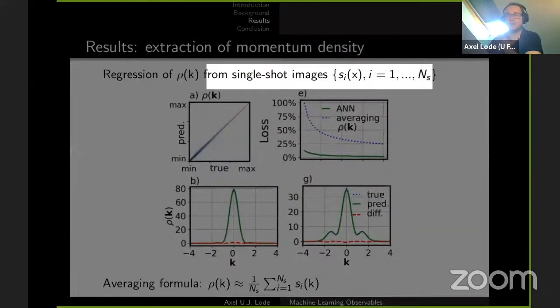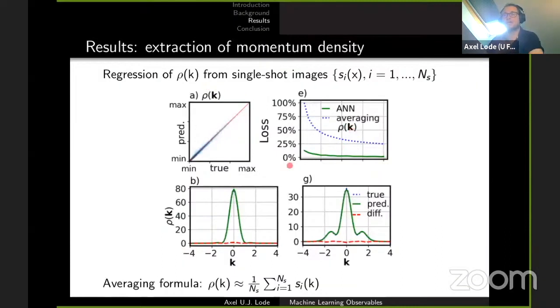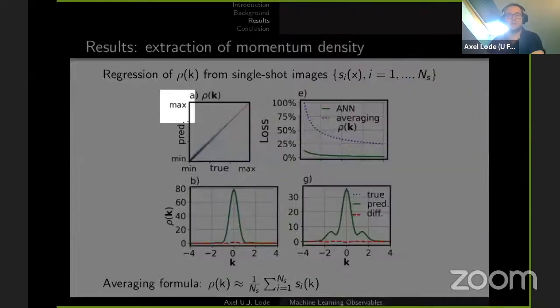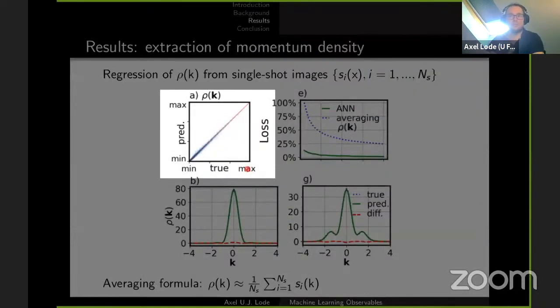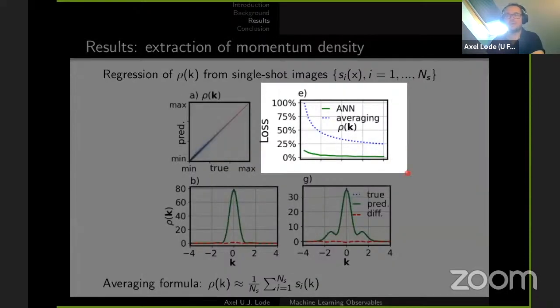These images are in real space, the input data, and the target observable is now in momentum space. And we see that it still works quite flawlessly. The true and predicted values align nicely, and our comparison with the averaging is still favorable for the machine learning. And here we should say that this is an unfair comparison.